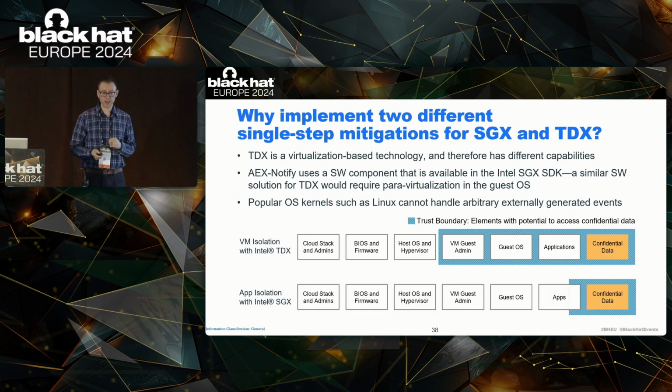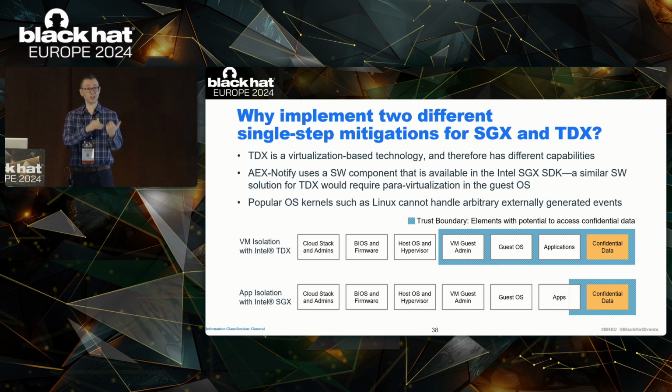So why did we implement two very different single-stepping mitigations for Intel SGX and Intel TDX? Fundamentally, it's because they're two very different technologies. SGX is a process-based technology, and an SGX enclave is a region within an application's memory.